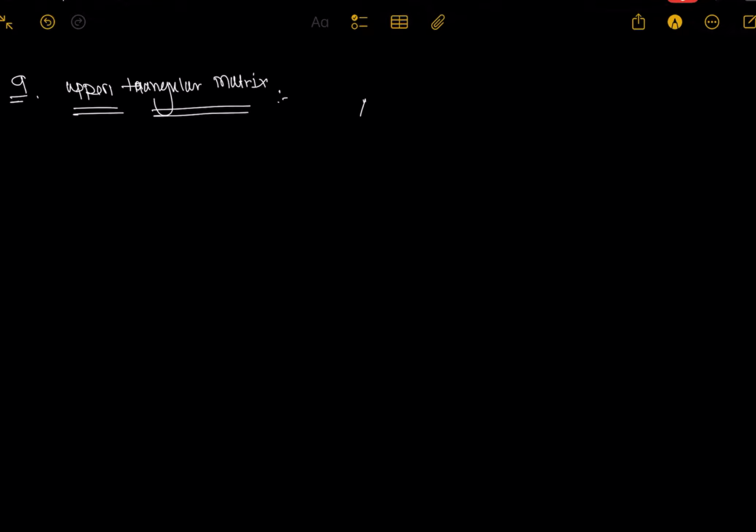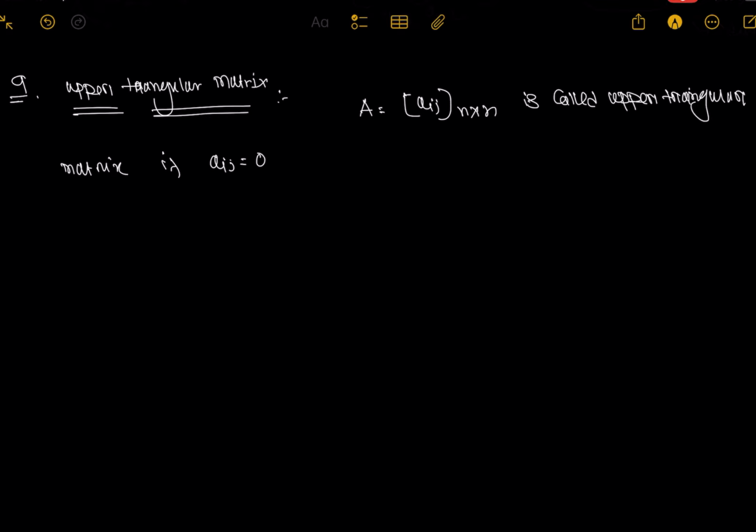Let us consider a square matrix, always we do this in a square matrix, A of ij with n cross n, called an upper triangular matrix if A of ij equal to 0 for all i greater than j.